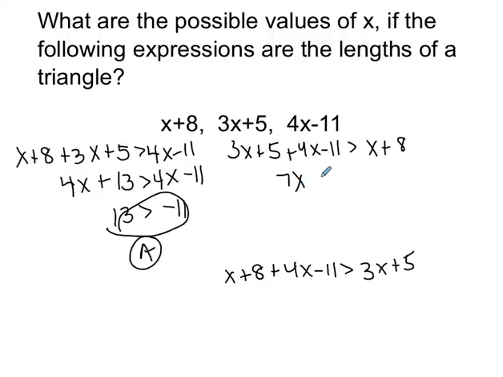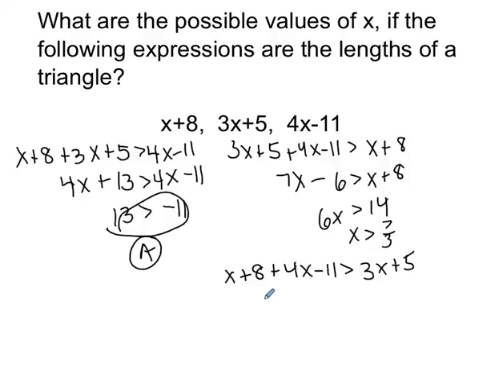Here I get 7x minus 6 is greater than x plus 8. So we'll subtract x from both sides. That's 6x is greater than, add 6 to both sides, 14. Divide both sides by 6, x is greater than 7/3.